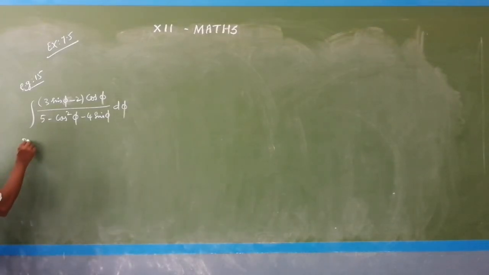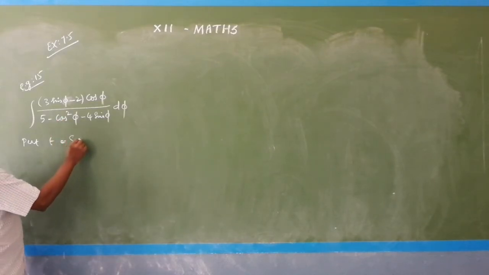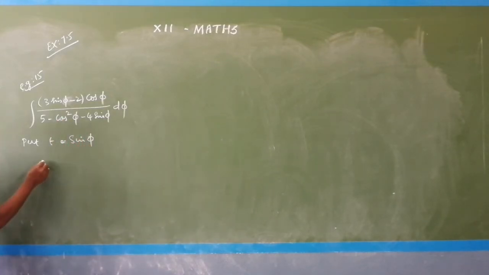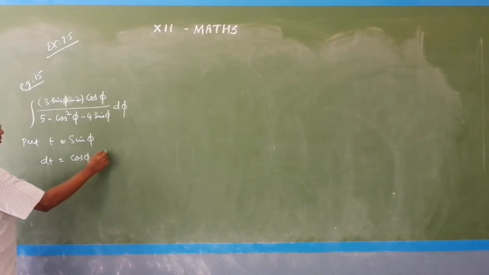Now, put as usual t equal to sin phi. So, dt equal to cos phi d phi.